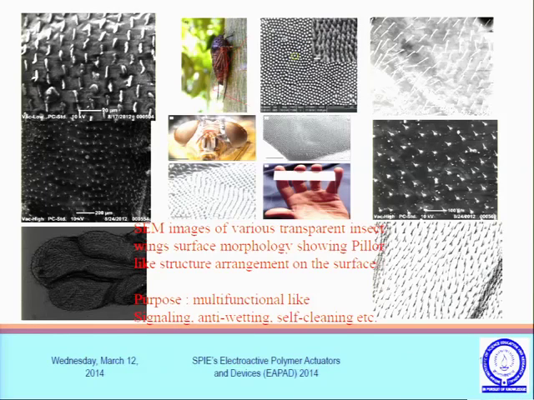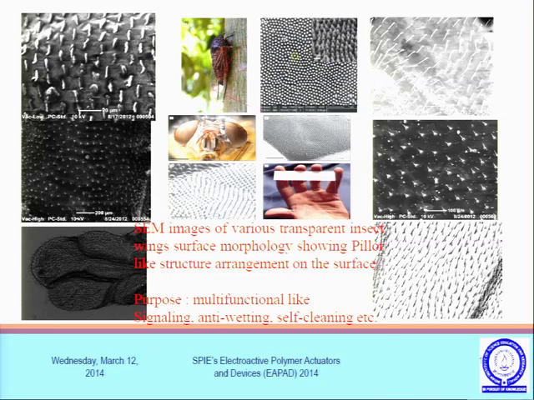Here I am showing various transparent wing surfaces. This is for a wasp, this is for the honeybee, this is for cicada wings, and this is for some insect whose name I don't know. But the common feature of all these wings is that there is a microstructure arrangement on the transparent wing surface.